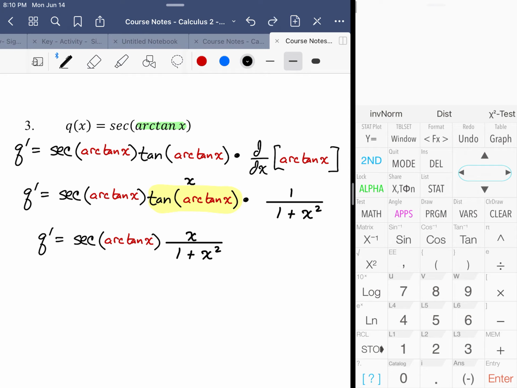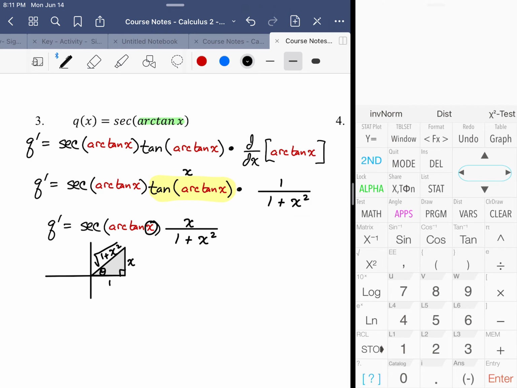Now it's just a question of, all right, is there any value in trying to clean this one up? Well, let's see. Draw a triangle. Theta here. So this is my ratio, opposite over adjacent, the square root of 1 plus x squared. All right.